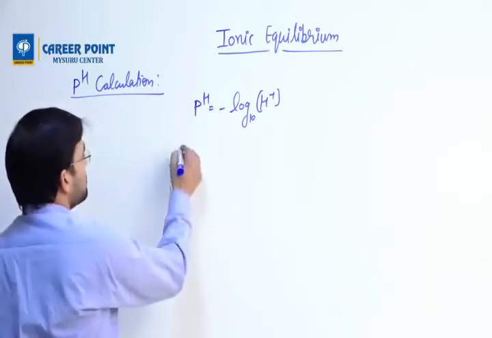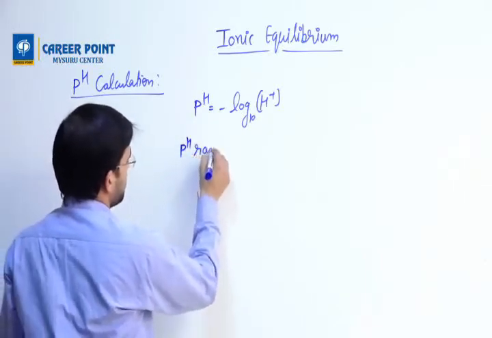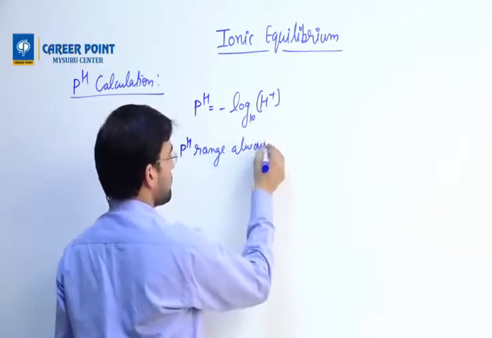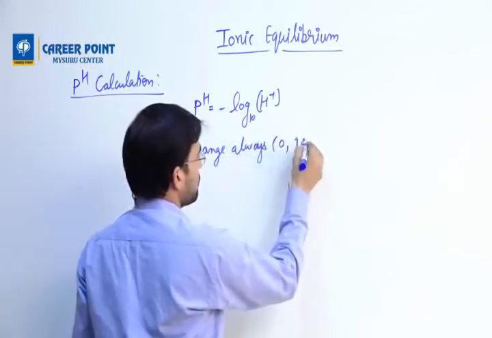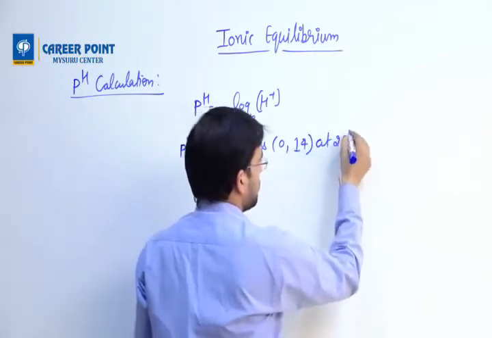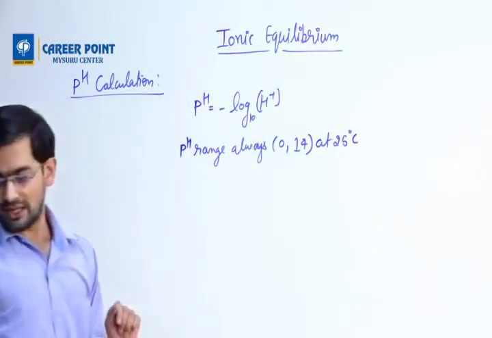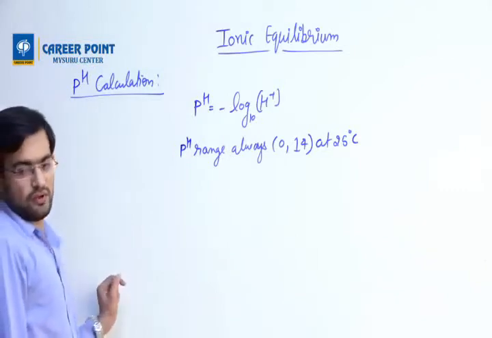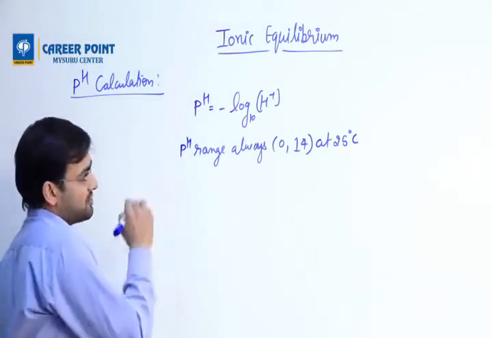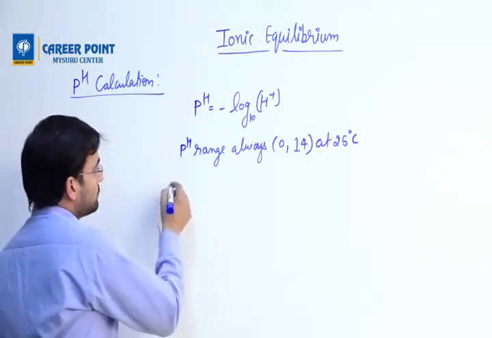Now, the pH range is always 0 to 14 at 25 degrees Celsius.